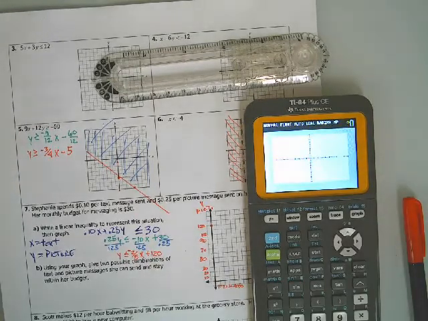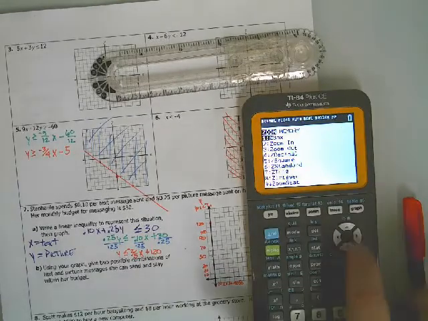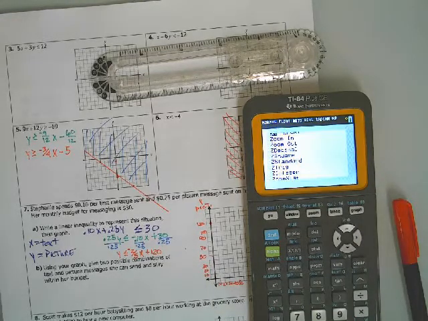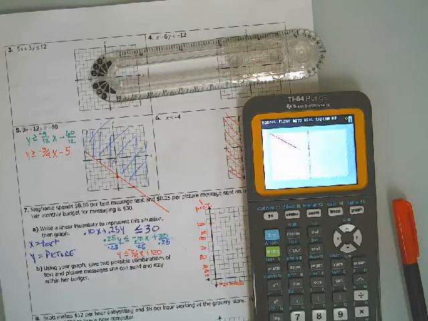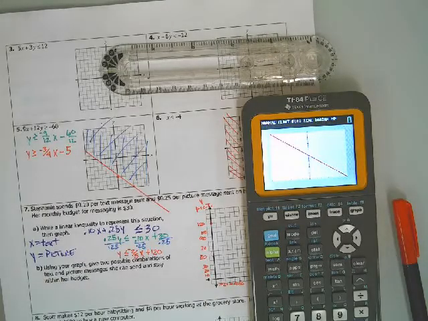That's not going to be visible for the same reason that it wasn't visible on ours unless we change the scale. So to see it, you could hit zoom, and down on the bottom we have one that's zoom fit, 0. Zoom 0, and you can see it's given me both a x-intercept and a y-intercept on my graph.